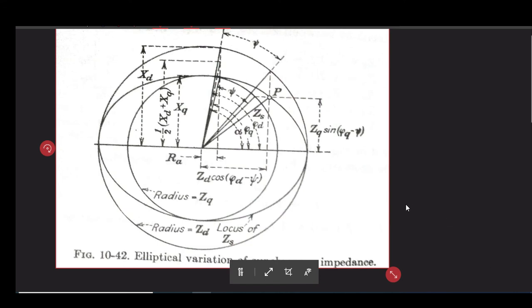So in this diagram you can see the kind of variation we can have, the two extreme cases of xd, xq variation, what you are going to get for a particular load.